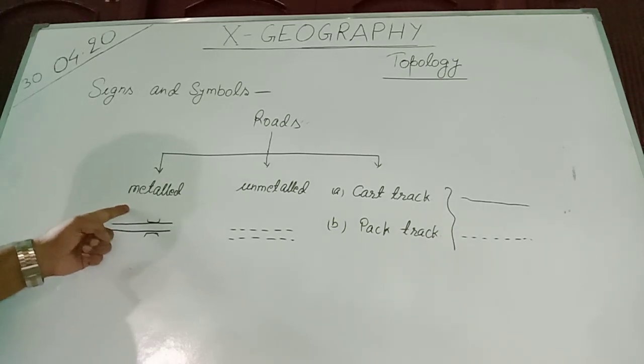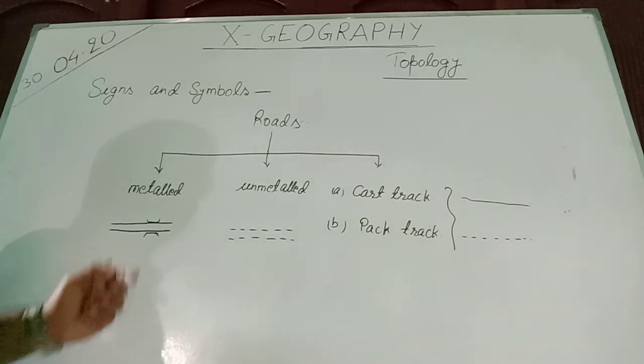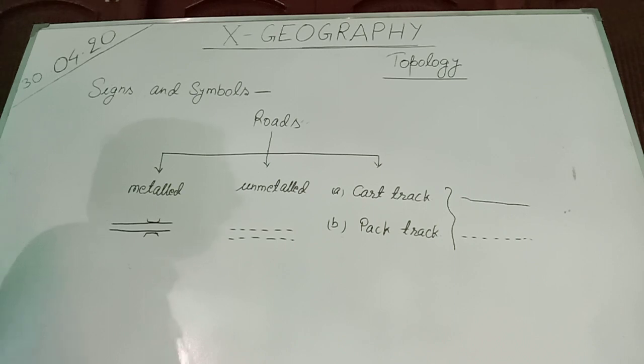In all seasons, this road is motorable, and heavy vehicles can run easily on it. As examples of heavy vehicles, we can take trucks, buses, and other heavy vehicles used to carry luggage.